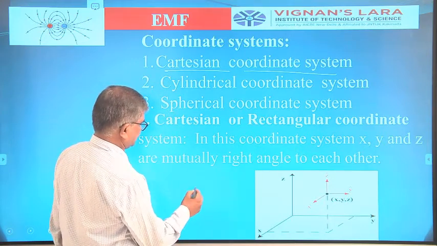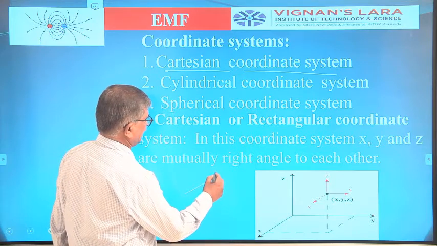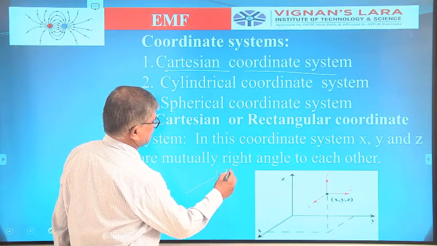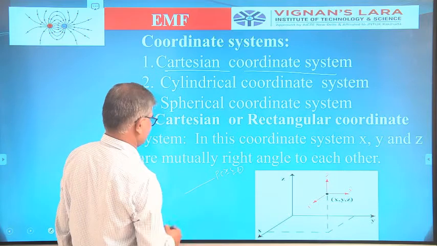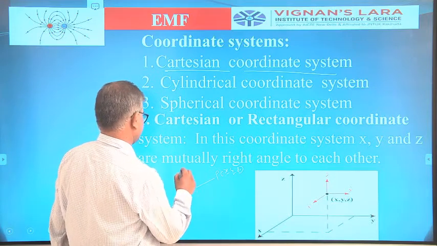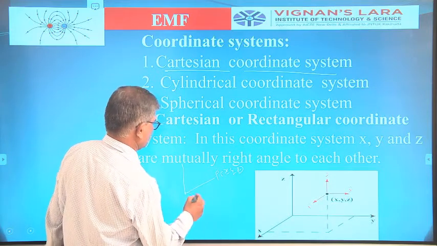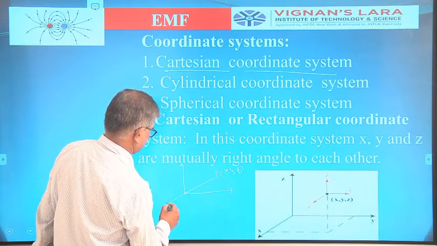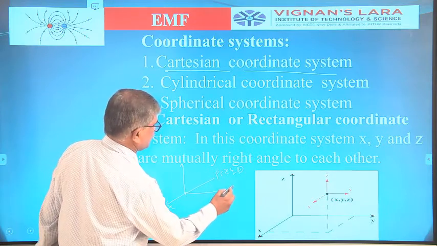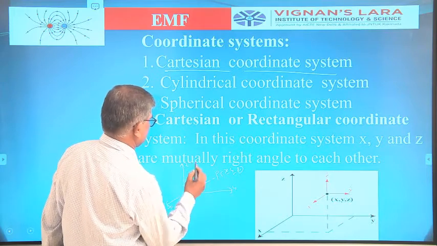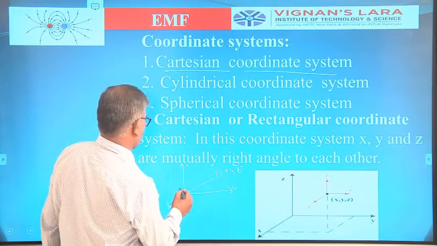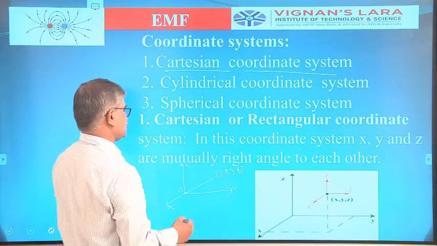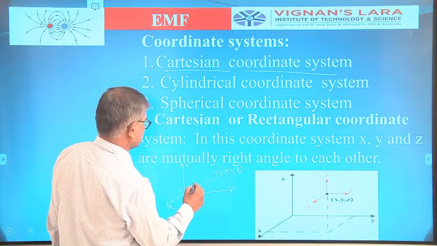Consider the point P of x, y, z in 3 dimensions. So this is the y-axis, this is the x-axis, and z. Here OP is the position vector in the Cartesian coordinate system.